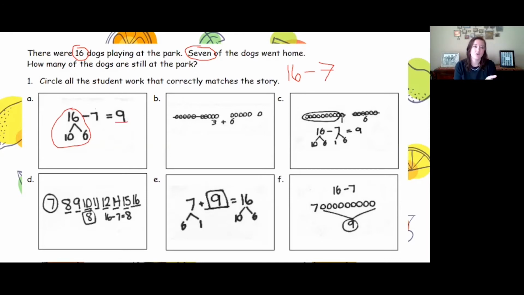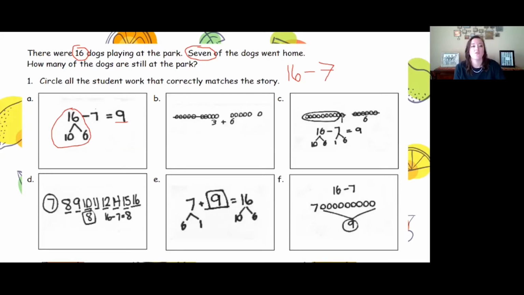Well, even though they didn't show the work, this answer is correct. So let's help them show their work, because I know because of my math fluency that this is correct. But I want to know how you guys get it. So let's break apart this problem. They broke up the 16 into 10 and 6.